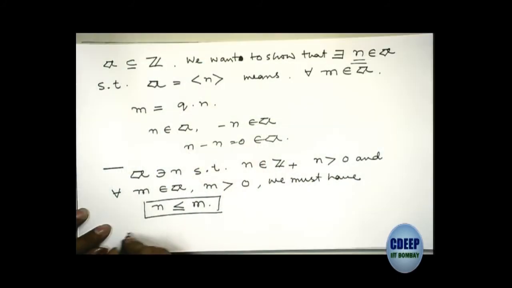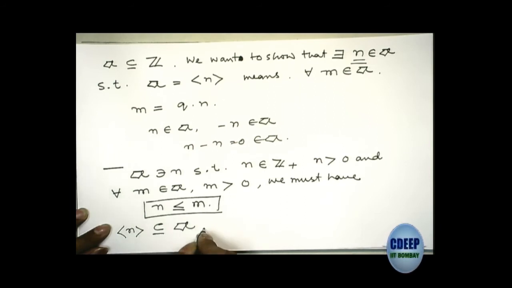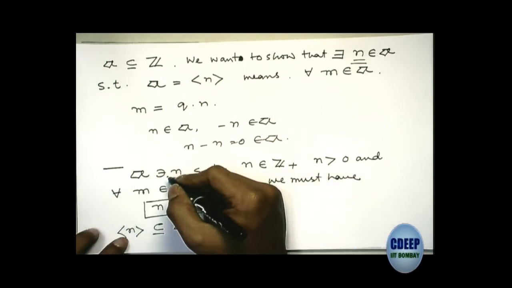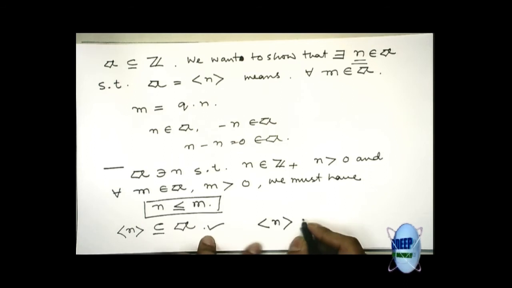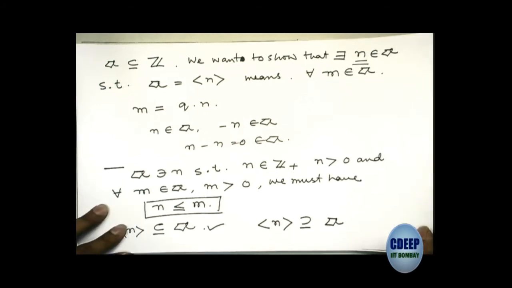First thing, we show that the ideal that n generates definitely is a subset of the original ideal that was given to us, because n was chosen to be a part of this ideal. So any multiple of that is also there in the ideal. So about this there is no doubt. The doubtful part is, why on earth should everything in the ideal be a multiple of n? That is what we need to show.